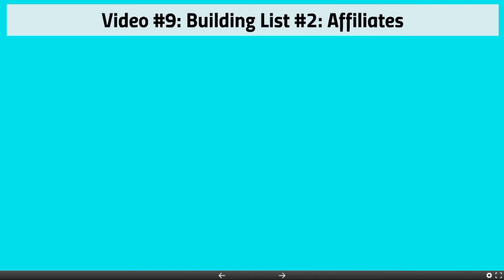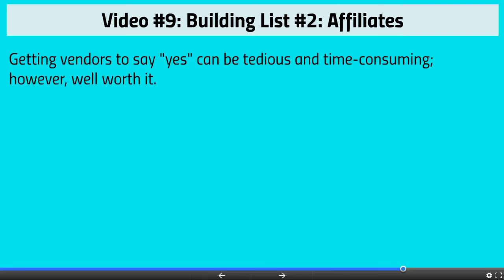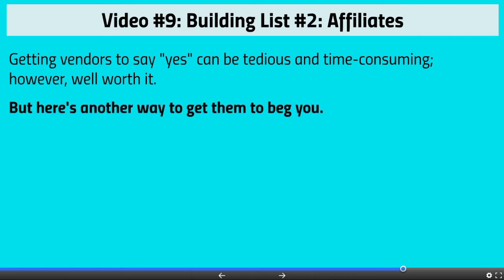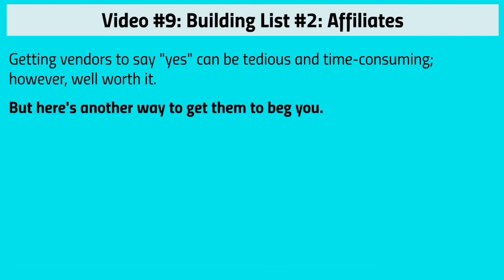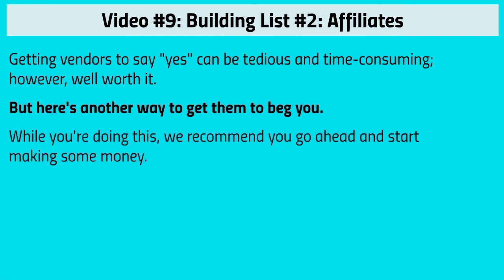I'll explain in just a minute how you can go about doing this. Getting vendors to say yes can be tedious and time consuming, however very well worth it. However, there is another way to actually get them to come to you and get them to beg you. This works really well.